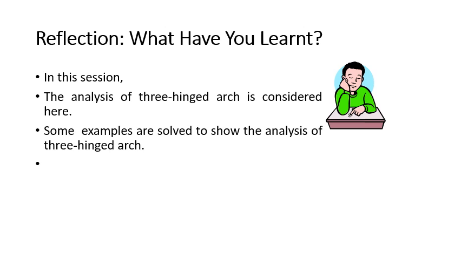We have seen here the analysis of three-hinged arches when subjected to UDL and point load. We also have seen that when the three-hinged parabolic arch is subjected only to UDL, the bending moment at any point or any section is 0. We have seen the problems of analyzing the three-hinged arches when they carry inclined point loads.